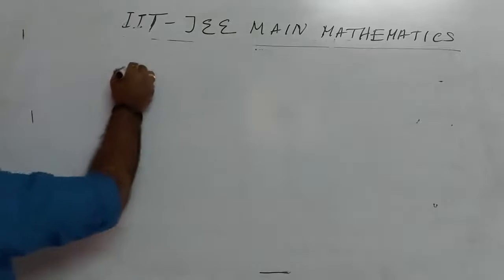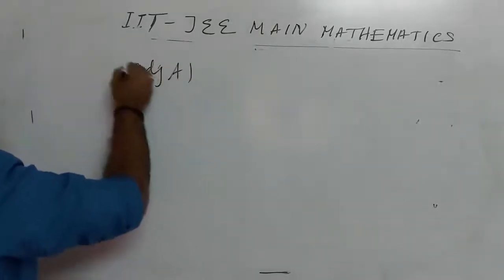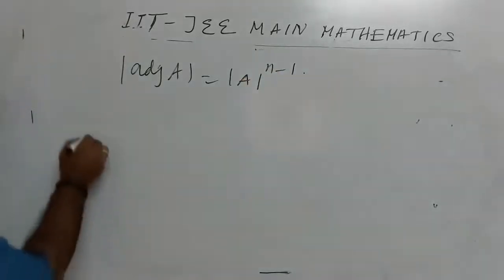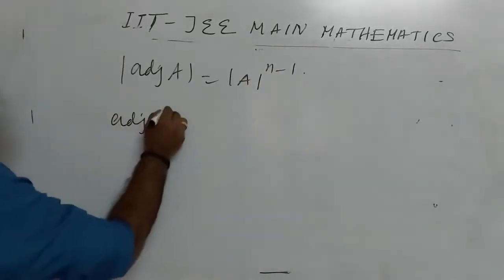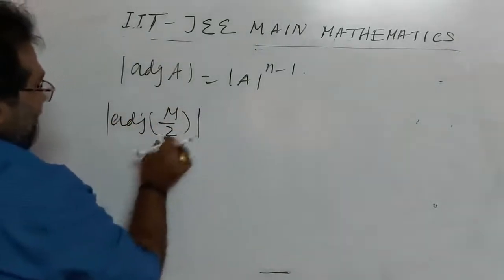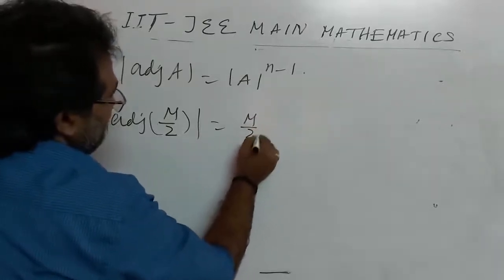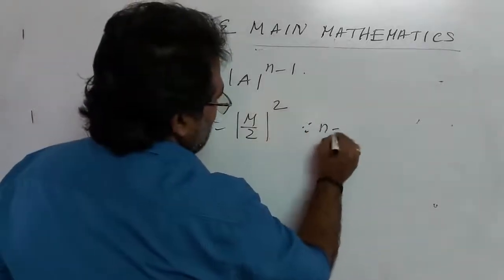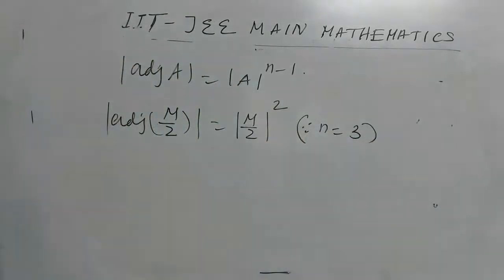So we have one result. Determinant of adjoint of A equal to determinant A whole power n minus 1. Therefore, adjoint of M by 2 equal to, in place of A we have M by 2, that is M by 2 the whole square, since n equal to 3, the square matrix of order 3, so 3 minus 1, 2.